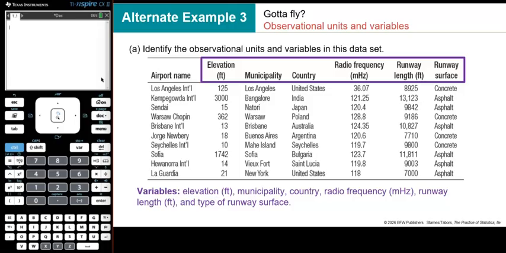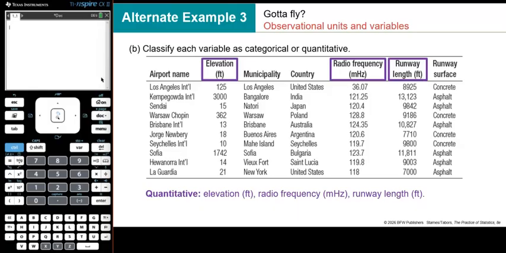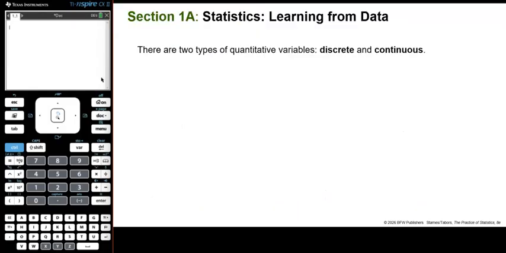Radio frequency gets counted or measured. Runway length, counted or measured. Those are measured. And then the other ones, the word ones, municipality, those are categorical. Country is categorical, and runway surface categorical. So again, these are categorical ones. These are quantitative. So nothing really tricky there. Sometimes they're tricky. You got to be careful.